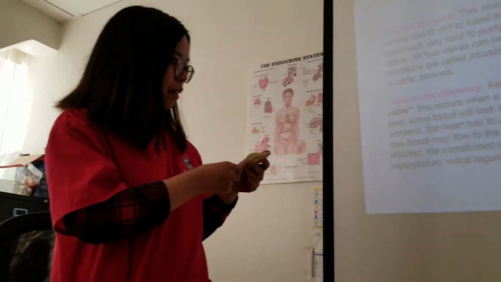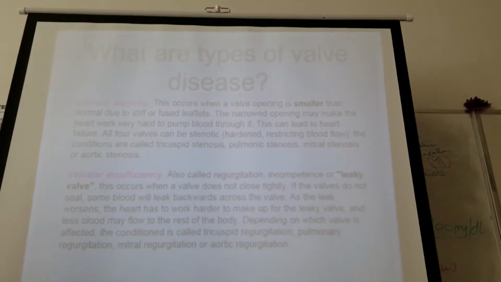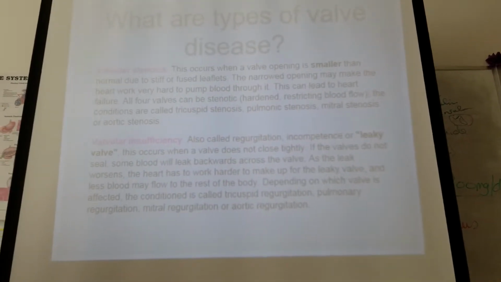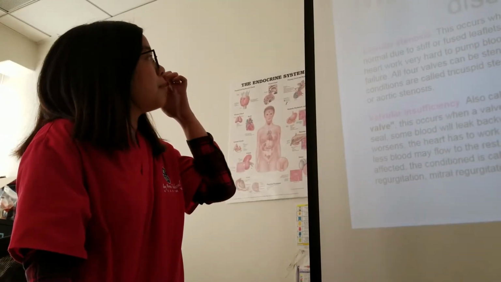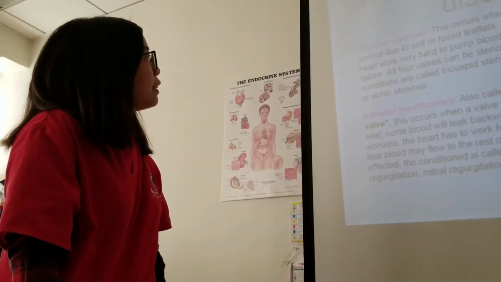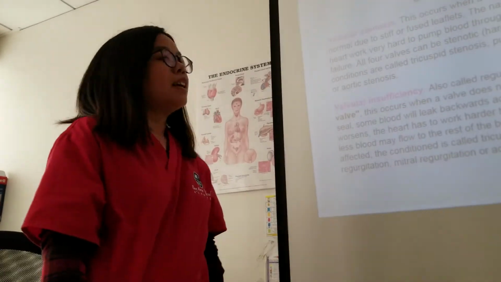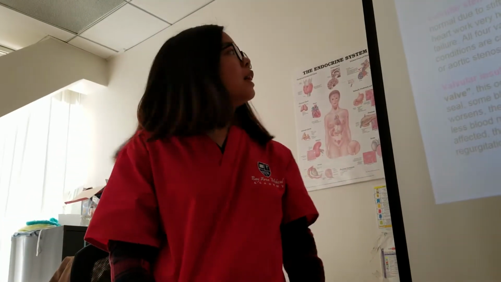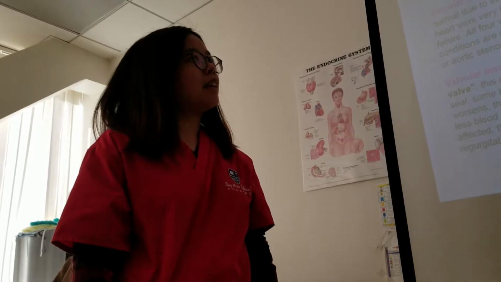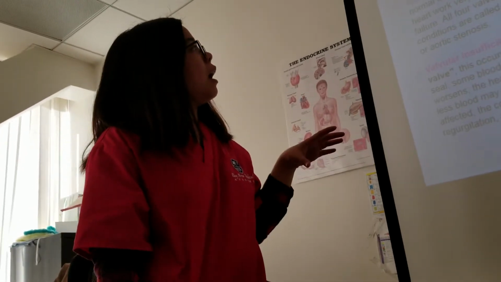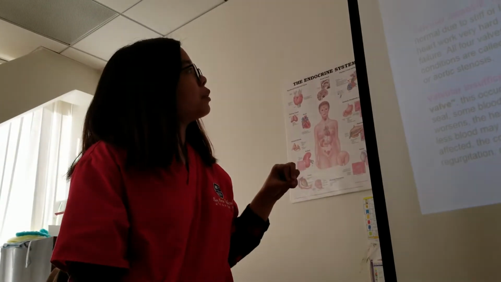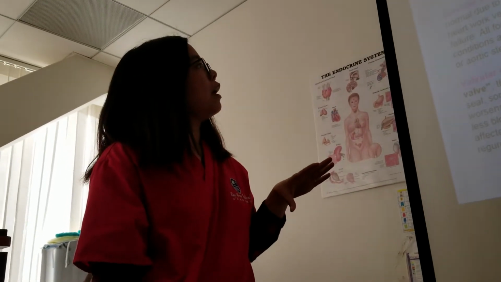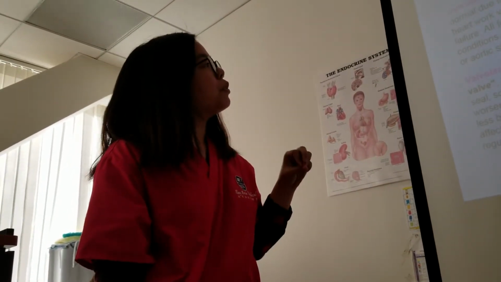So what are the types of valve disease? Today we're going to talk about 2 types of valve disease. The first is valvular stenosis. Stenosis means that the valve is narrower than the normal one, so the heart must work very hard to pump more blood to the body.